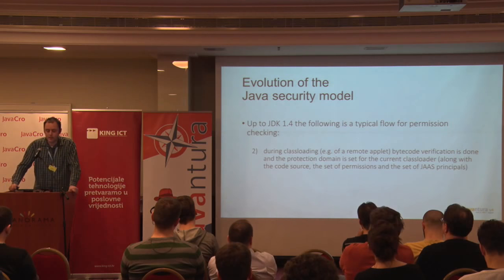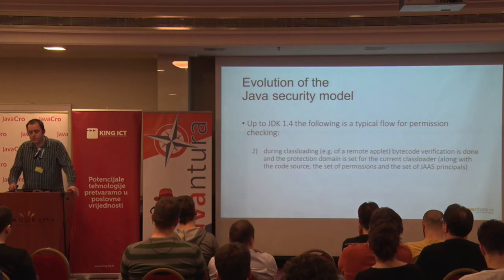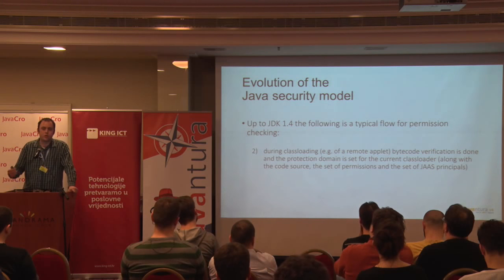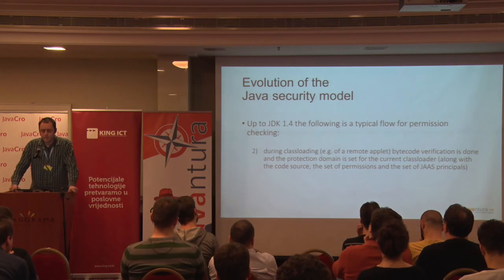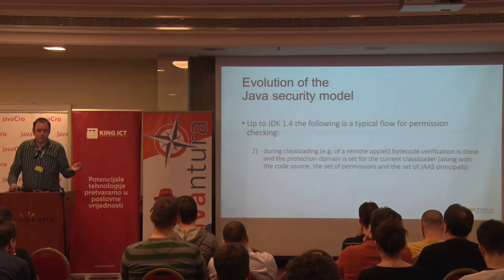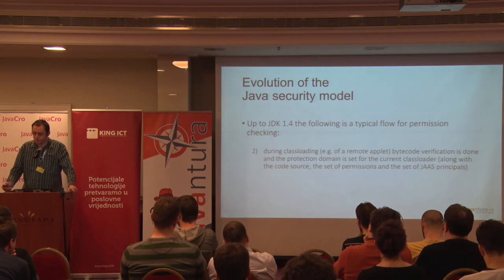The second step is that the classes of your application must be loaded by a class loader, and this is when bytecode verification is done to check whether your bytecode is valid according to the Java language specification. And then this is exactly when the protection domain of the loaded classes is set, along with the location of where the classes are loaded, the set of permissions, and the set of principals.